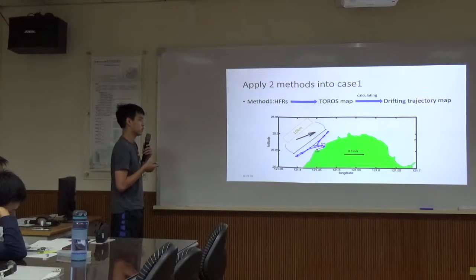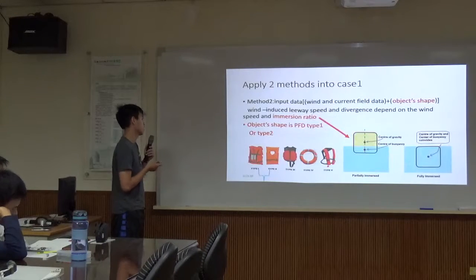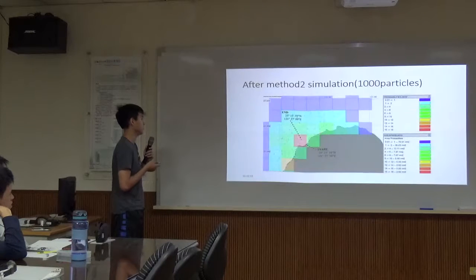We derive the drifting trajectory map. And this one takes the immersion ratio into account, and the shape is PFD type 1 or type 2. After the simulation, 1,000 particles were input into this one, and we saw this area has more density, so we will say it is the endpoint.